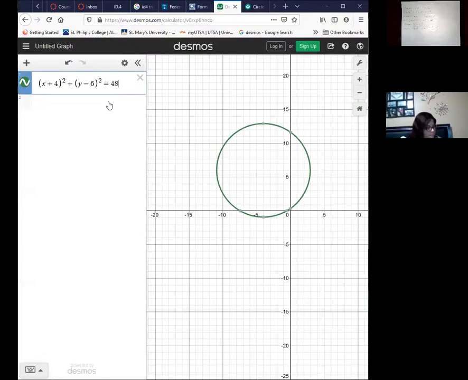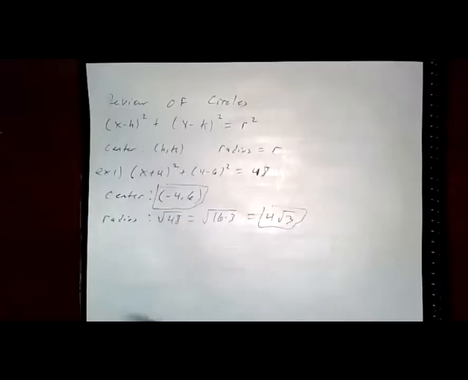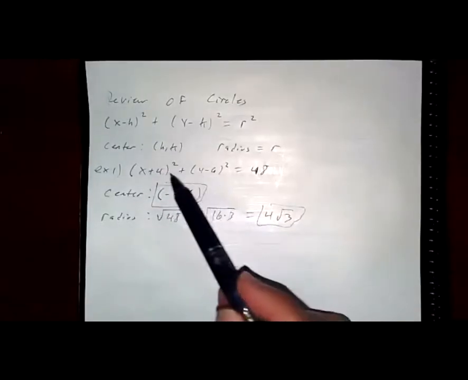And we said the center should be negative 4, 6, right? So there it is, right at the center. And we went out a distance of square root of 48. So in decimals, I don't know what that is. Let me see. That's about 6.9, so almost 7. So from here to the edge of the circle, it's 7. So we got all this info by having the circle in standard form.